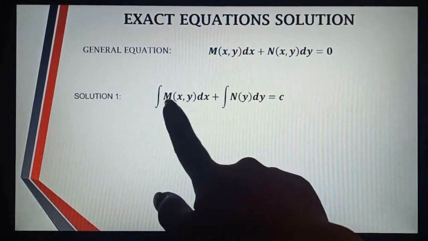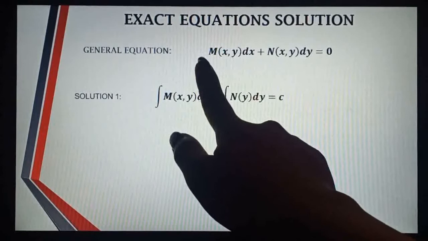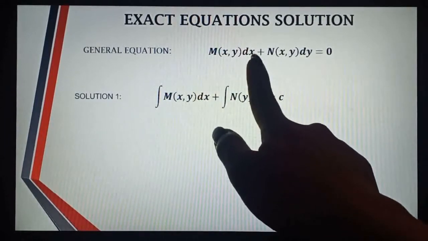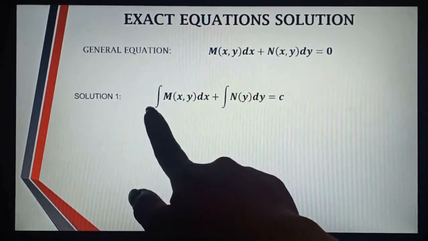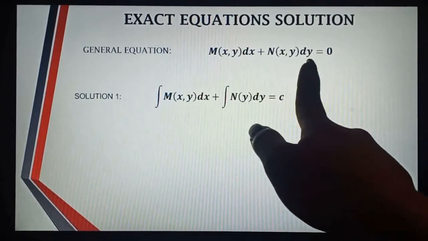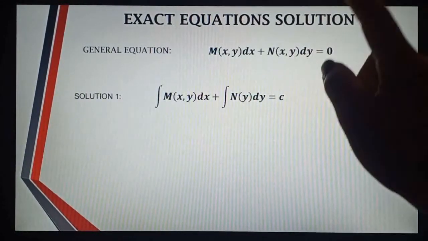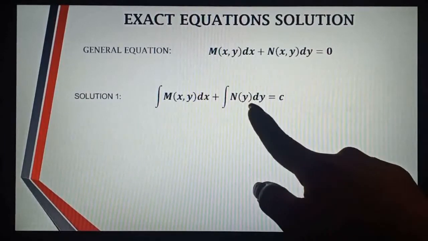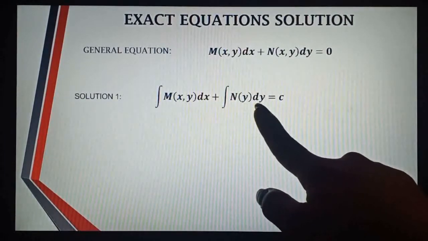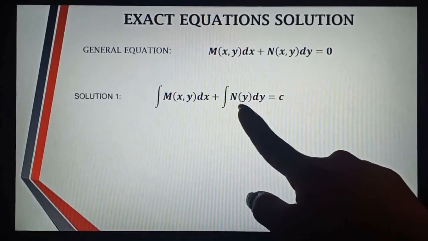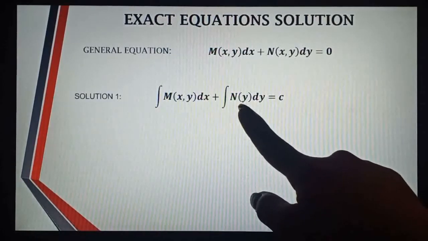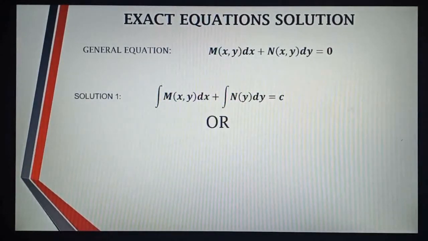Okay? Ulitin ko. Kukunin mo ng buo si M. Tapos, dun kay N, kukunin mo lang yung mga directly integrable equation. If dy si N, dapat all variables involved kay N must be y only. Or, we have another solution.